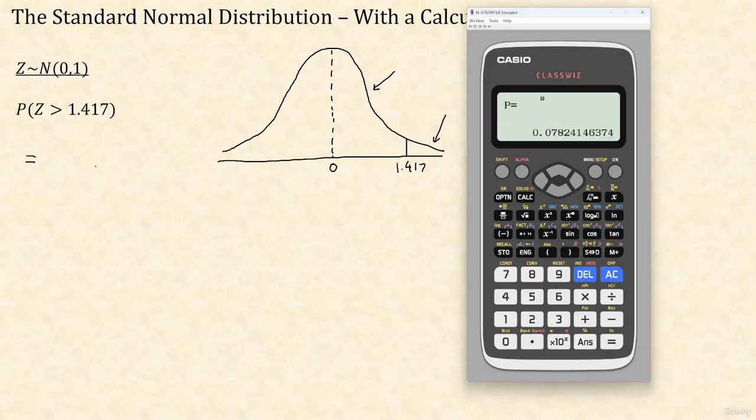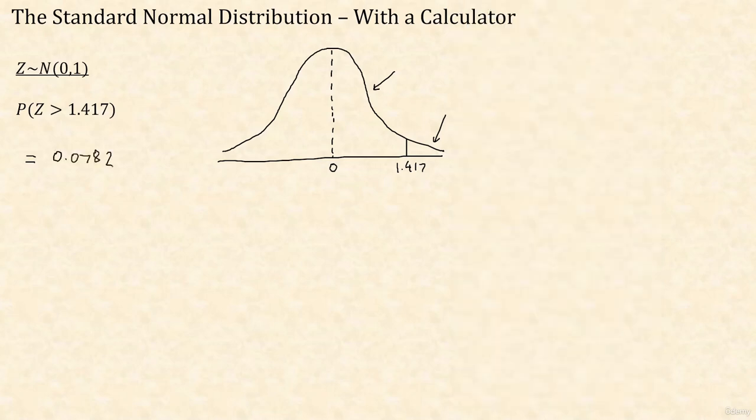It's totally correct, 0.0782, and you're not going to lose any marks for that. So there is actually no need to go through this whole 1 minus phi of 1.417 business. You can if you want to show extra bits of working, but there's not going to be any extra credit there. So that's kind of why I like the calculator method. It really does make that sort of thing trivially easy.